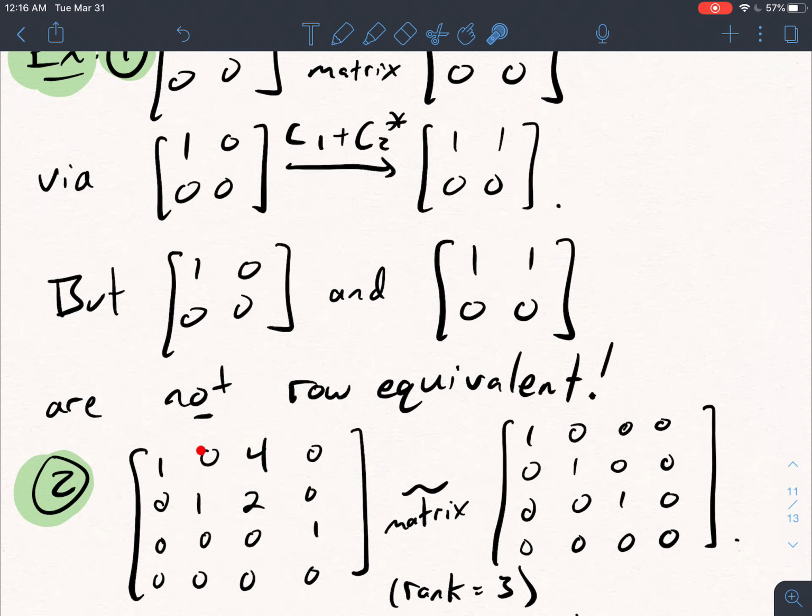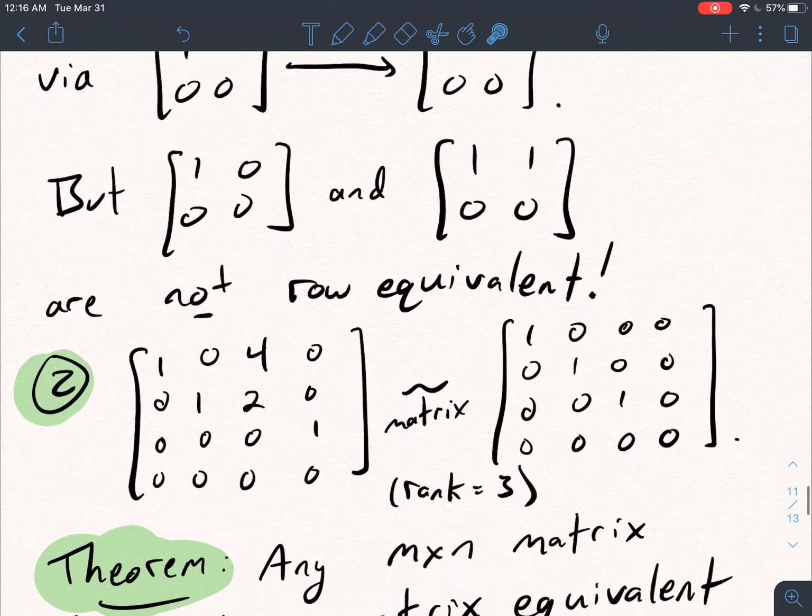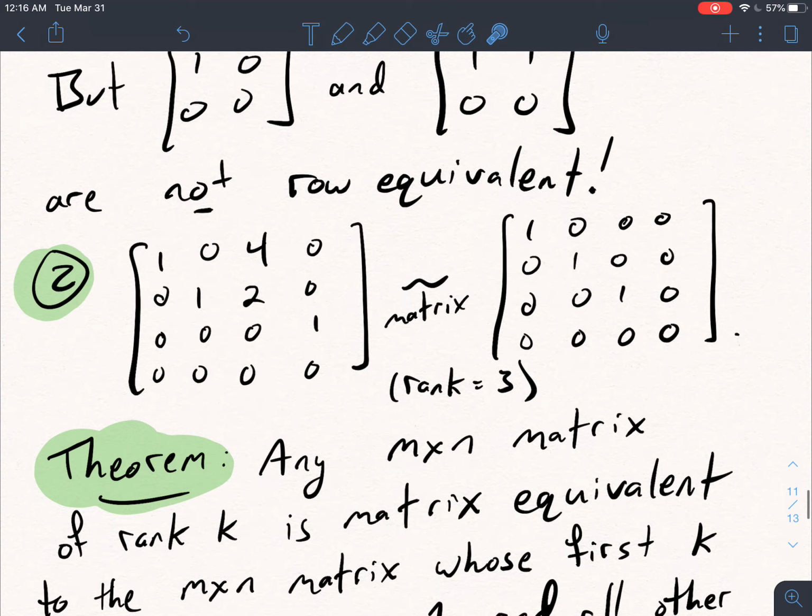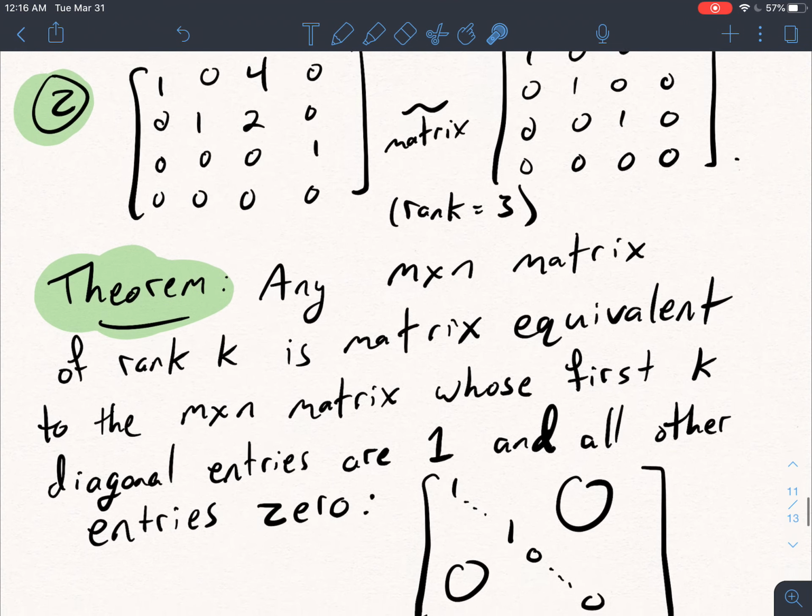In particular, I could use this pivot 1, and I could add -2 times this column to this column to make this 2 a 0. And similarly, I could use this pivot to make this 4 a 0, and then this column would just be a column of zeros, which I could just swap with this column, and I get our matrix on the right.